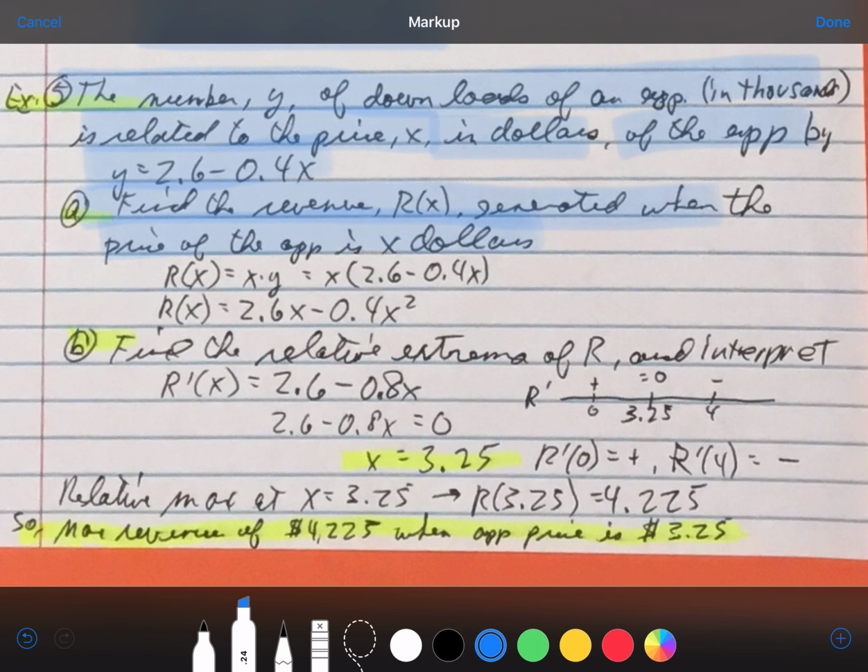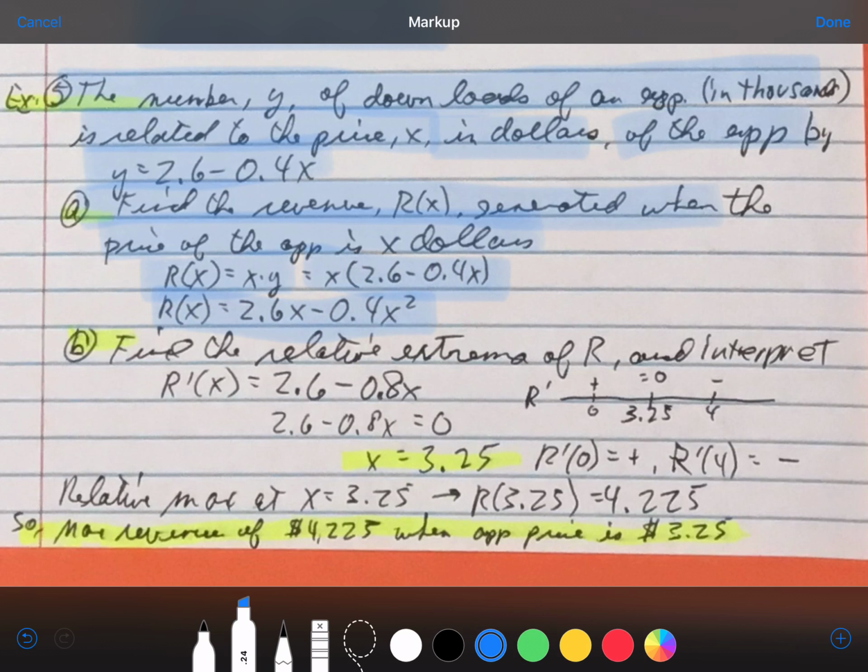So the price of the app, X dollars, times the number of downloads, which is our function, Y, so our revenue would be X times Y, right? The number of downloads times the price of each download. So I've got X times our function, 2.6x minus 0.4x squared. There's our revenue function, right?